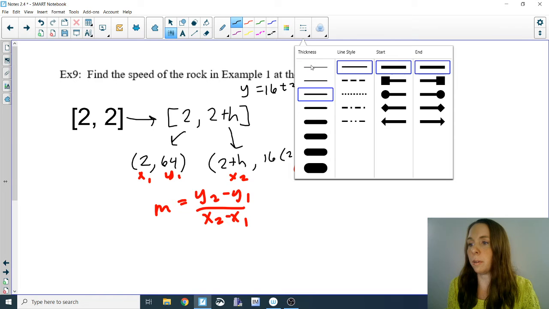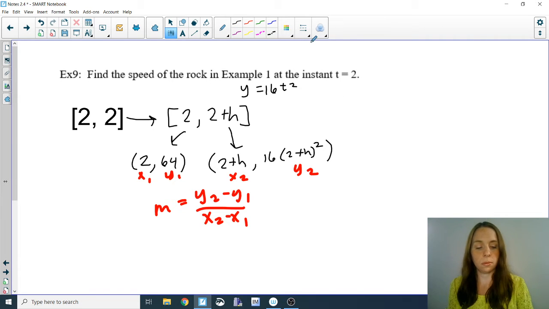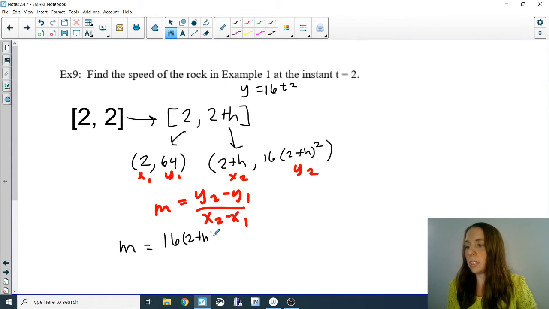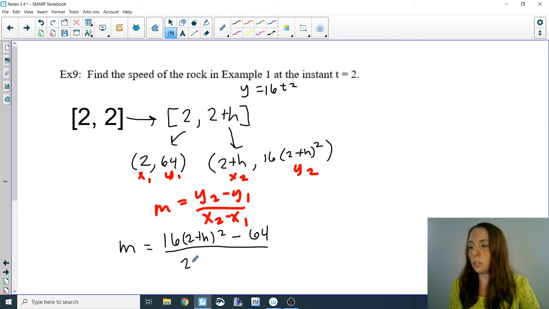Okay, that's what we're doing. So in this case, our slope would be 16 times the quantity 2 plus h squared minus 64, that's my y2 minus y1, over x2 is 2 plus h minus x1 is 2.